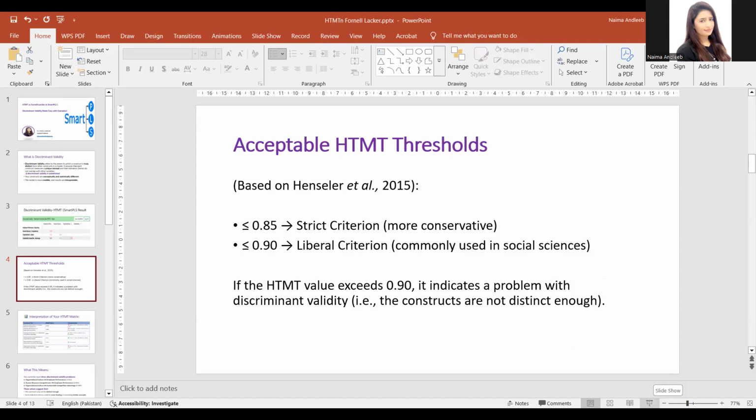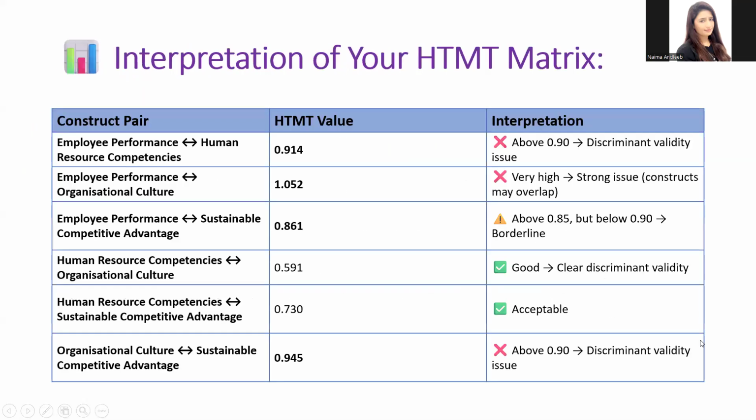So now we need to see the table, the previous table, if you remember the previous table and the values in it. I already discussed the criterion. Here is a construct pair, the HTMT value, and here is the interpretation.